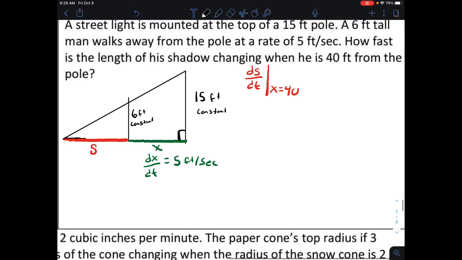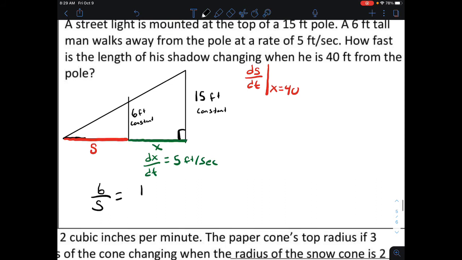I have a smaller triangle over here that's a right triangle on the left-hand side, where I have one side of S, one side of 6. So I'm going to make a ratio here where I have 6 over S equals, and then you have the overall outside triangle where you have a vertical leg of 15, overall bottom leg of S plus X. So I have 15 over S plus X.